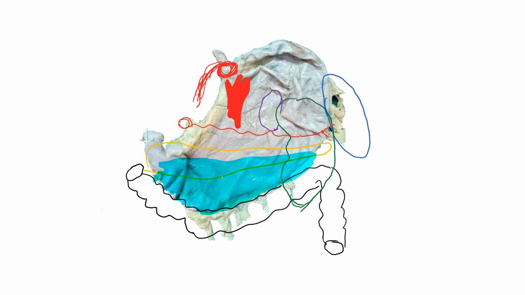This image shows the structures of the stomach bed, which are separated from the stomach by the cavity of the lesser sac.